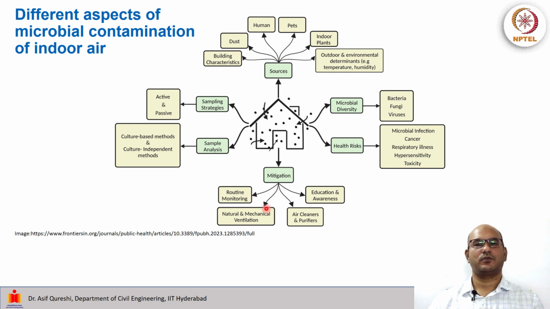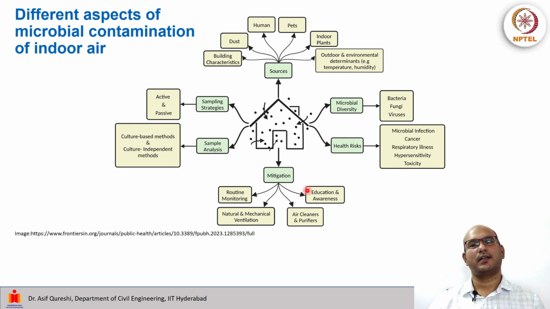We can also change our ventilation characteristics. If the indoor sources are high, maybe we can have more ventilation, so that the emissions of indoor bioaerosols are flushed out and fresh air is there. We can possibly install air cleaners and purifiers to remove the biological contamination.